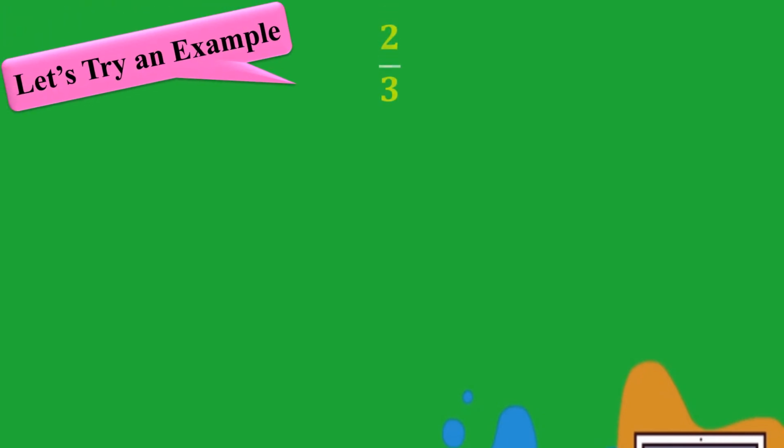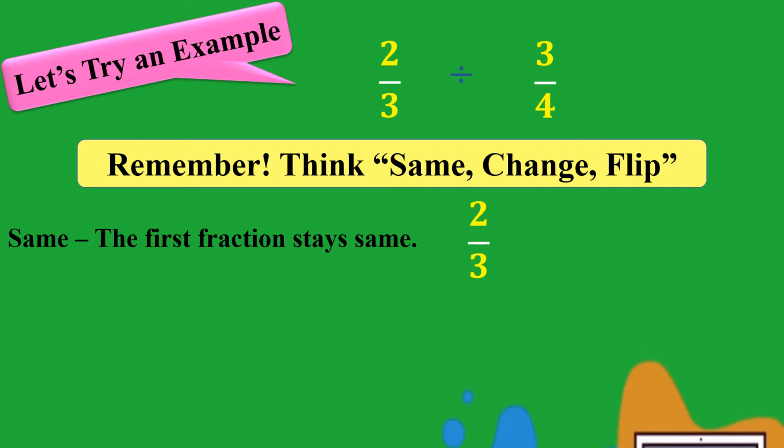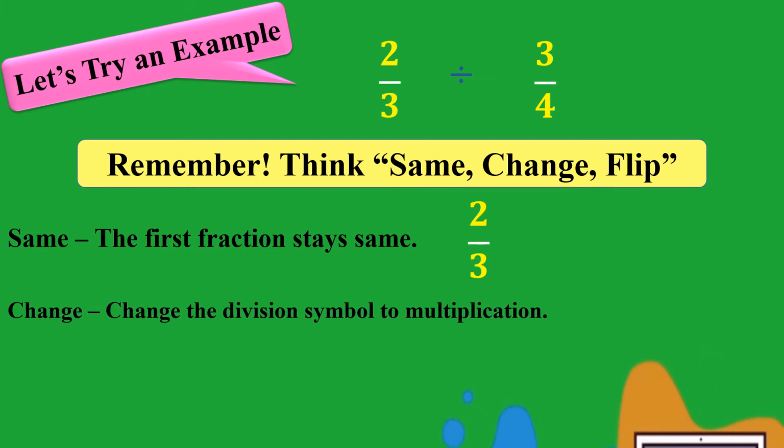So dear students, let's try an example. Here we have the fraction 2 upon 3 divided by 3 upon 4. So I hope you remember that phrase. Yes, think about same, change and flip. Same means the first fraction stays the same as 2 upon 3. Change means we change the division symbol to the multiplication symbol.